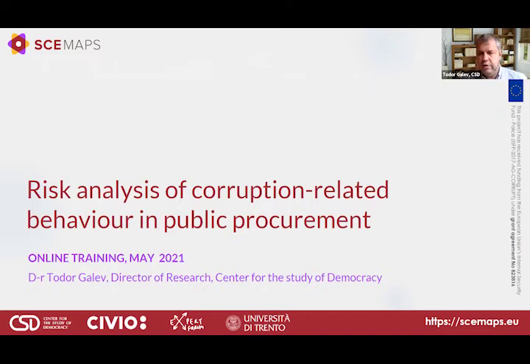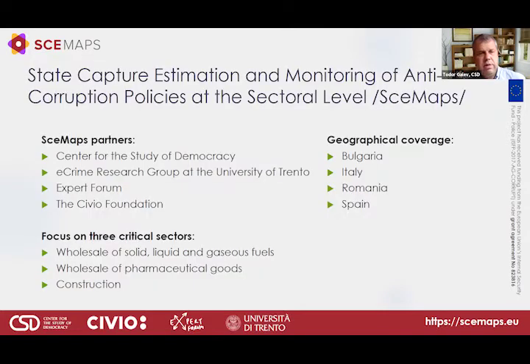As Sasha mentioned during his presentation, I'll present our methodology and the corresponding web-based tool that we developed, which allow us to make a risk analysis of corruption-related behavior in public procurement.